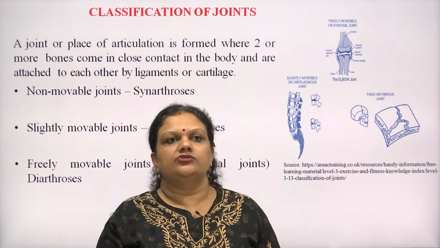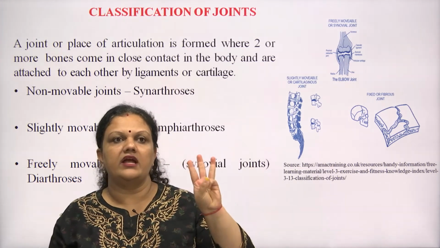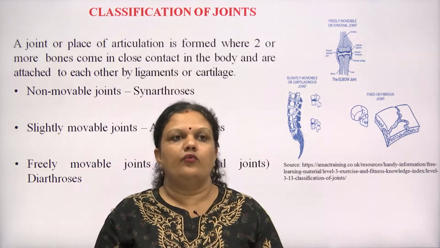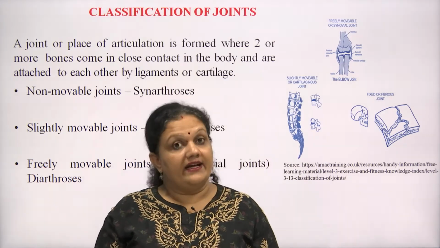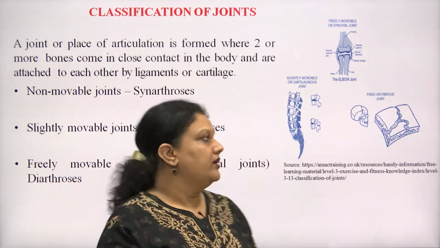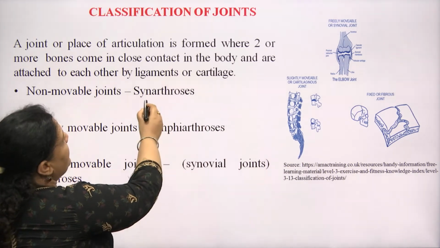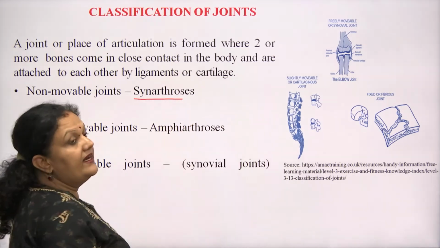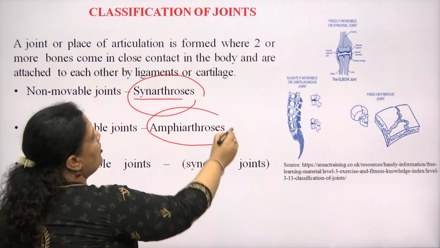Okay, students. When we are talking about joints, we basically have three different types of joints. First is the non-movable joint, second is the slightly movable joint, and third is the freely movable joint. See its classification. The non-movable joints are also known as synarthrosis. Students, you have to remember these terminologies.